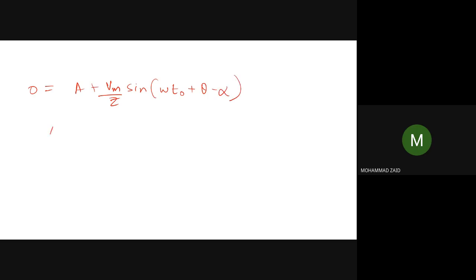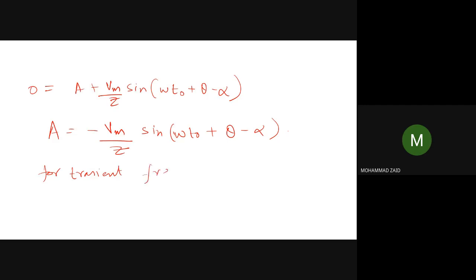So A will be equal to minus Vm by Z sine of omega t naught plus theta minus alpha.